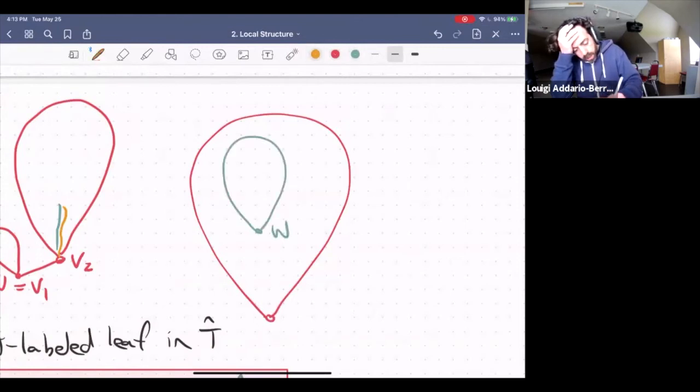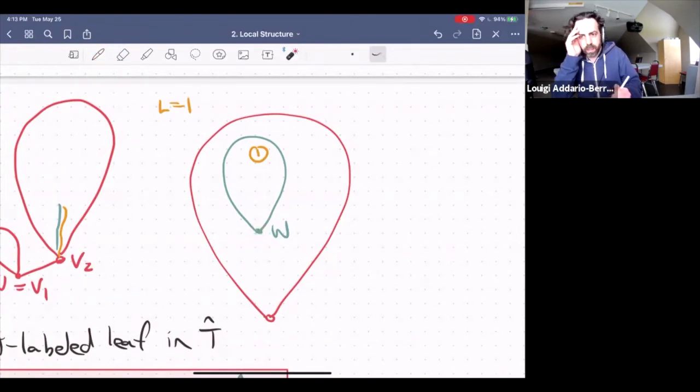Here's W. Now imagine that label 1 is a leaf, and so vertex 1 is sitting somewhere in here. So in this picture L is equal to 1. Now what's going to happen in the bijection when we reroute at W? The first thing that the bijection does is list all of the labels on the path from W to the smallest labeled leaf.